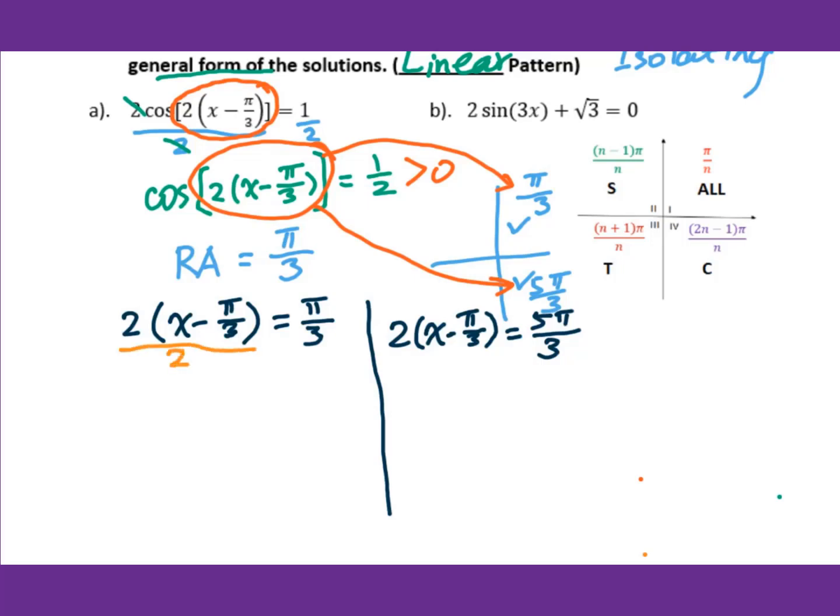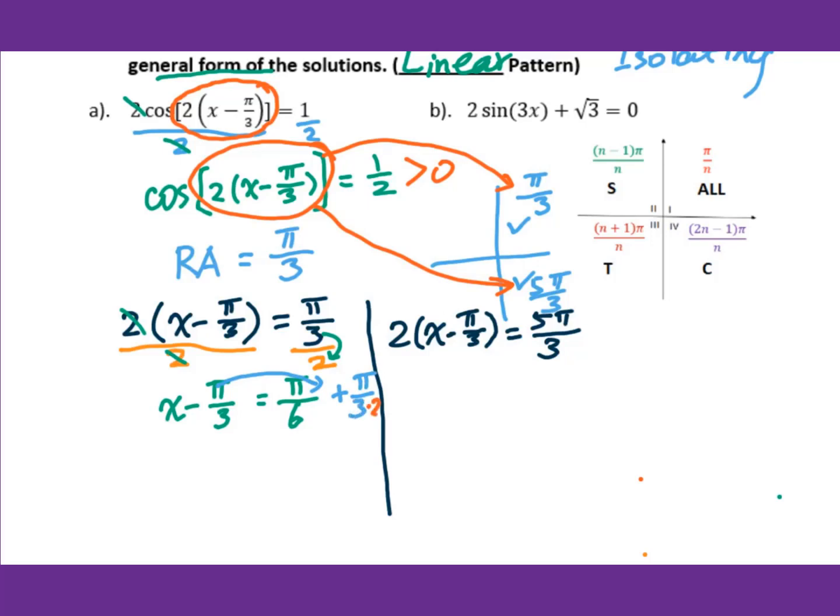First of all, you divide by 2. So we got x minus pi over 3 equals, this drops down, pi over 6. Then I add pi over 3 to both sides.